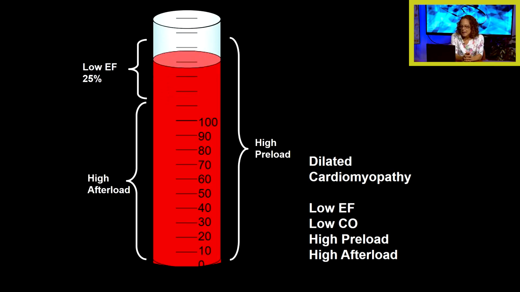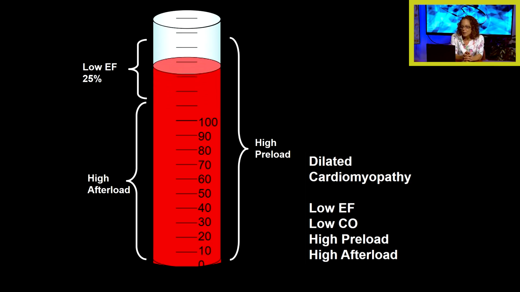In dilated cardiomyopathy, in this example, we can see that our preload is very high, over 100, and our afterload is also quite high.